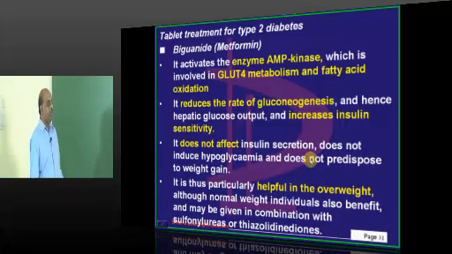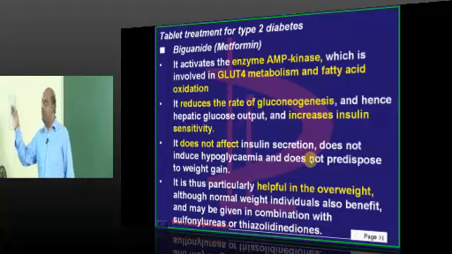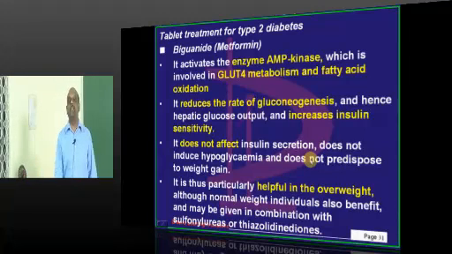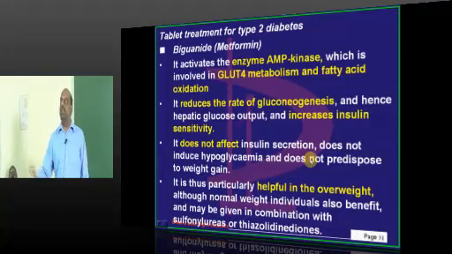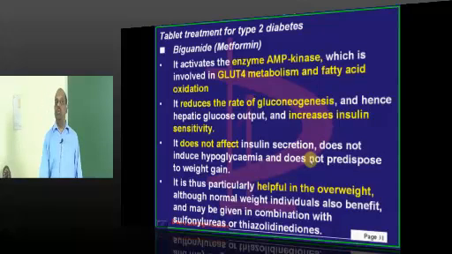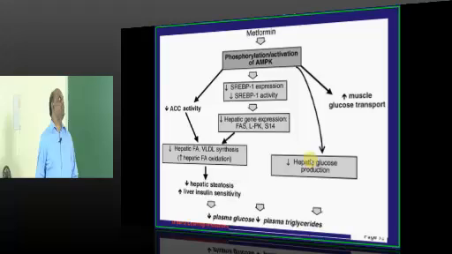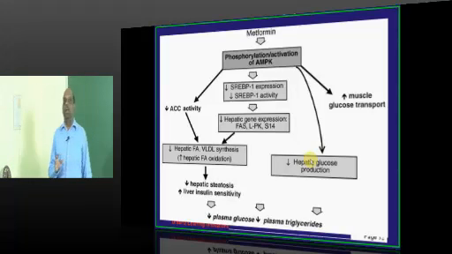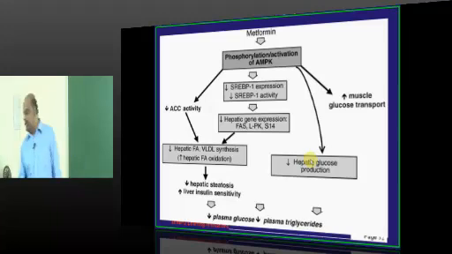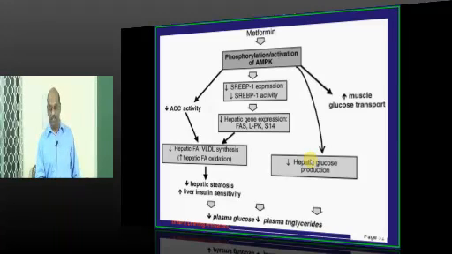And if your patient is overweight or obese and comes to you, what is the first drug that comes to your mind to prescribe him? Metformin. So, this is a simple algorithm which you need to remember in relation to how metformin functions.